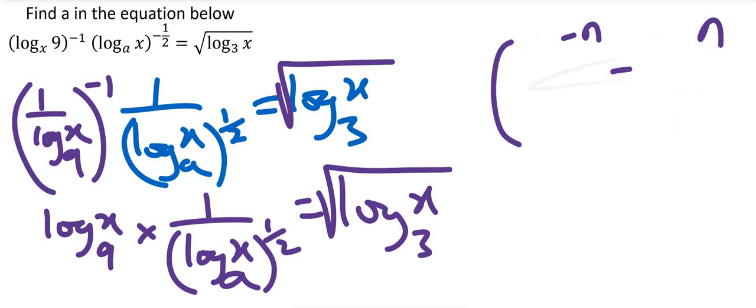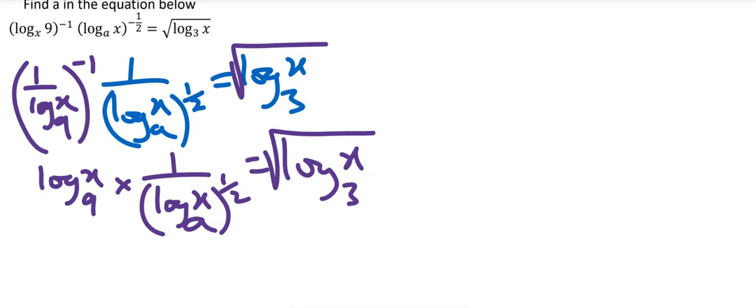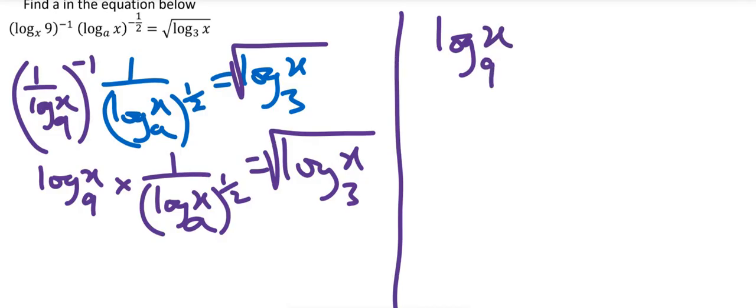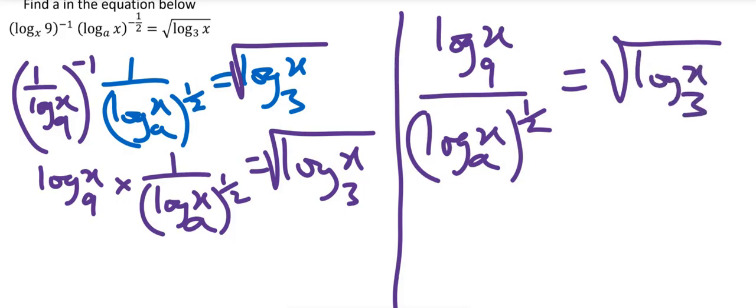Let me clean this part. So I have this as log x base 9 over log x base a to the power of 1 over 2, which is still the same thing as the square root, equals the square root of log x base 3.